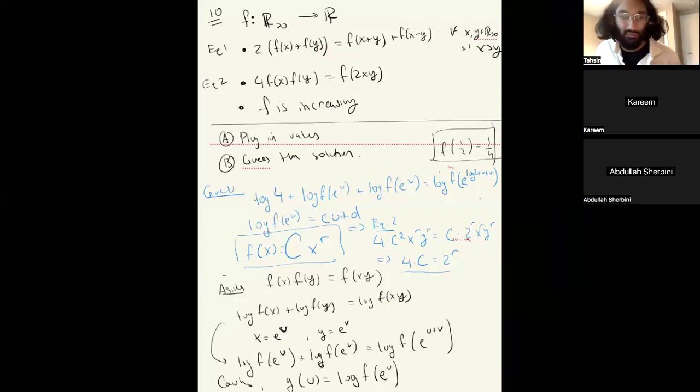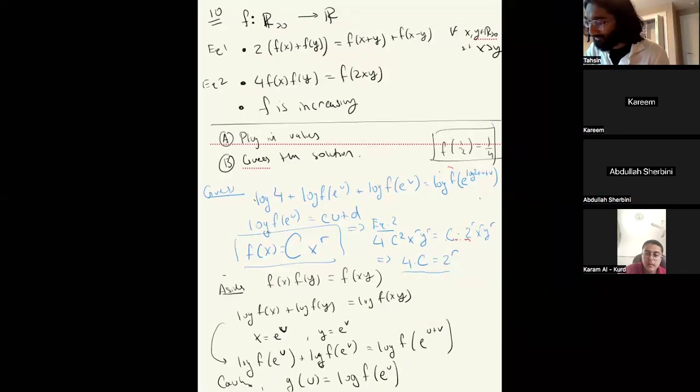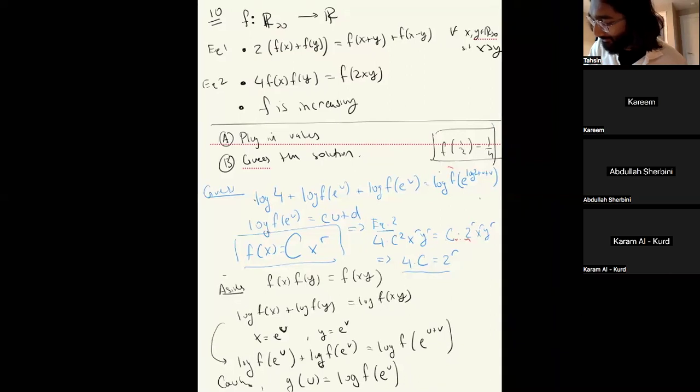Yeah, okay, so Abdullah, you made this comment, maybe r is 2 or minus 2. I think out of these, only one of them will work for the first equation. Oh yeah, which is 2. So maybe that's a reason you can guess at least. If you take f of x equals x squared, it actually satisfies the first equation.